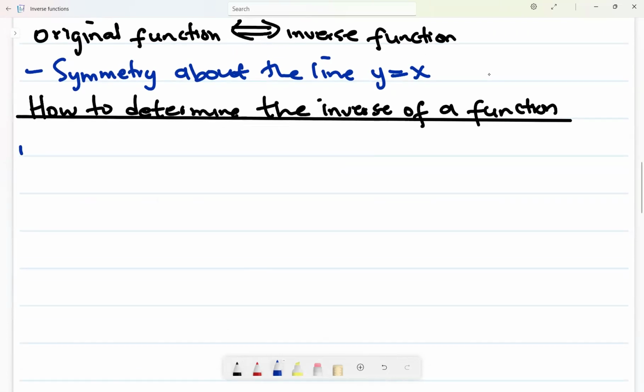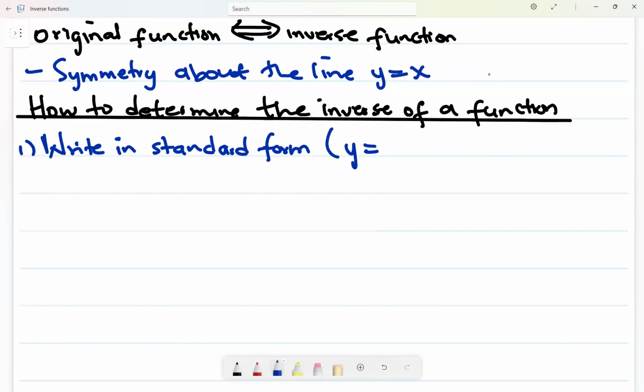The first step that you need to follow is to write in standard form. What do I mean by standard form? A standard form is y is equal to something.